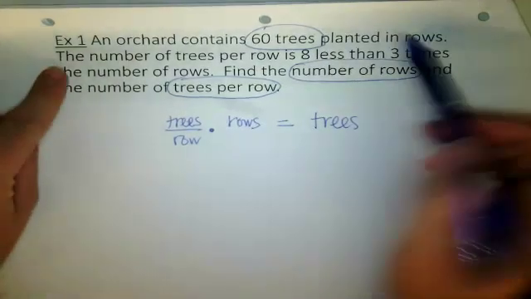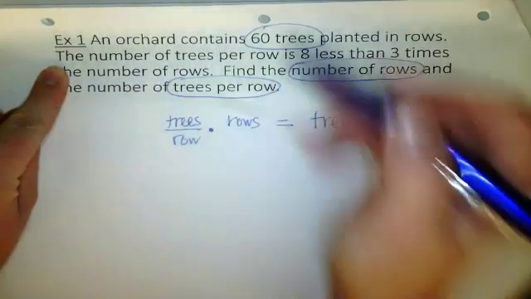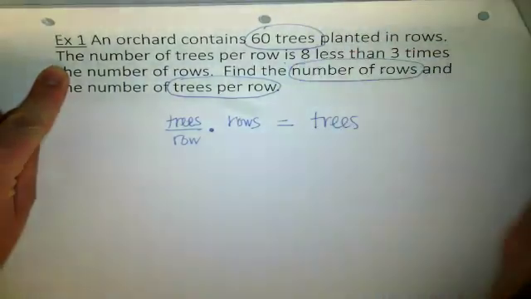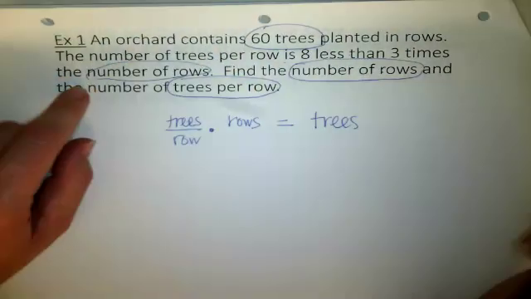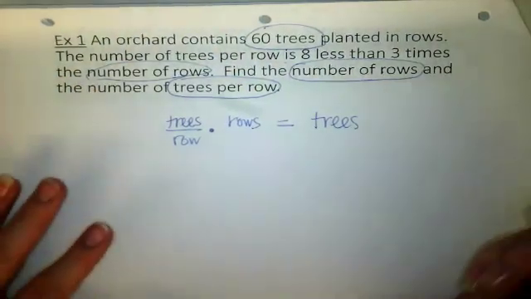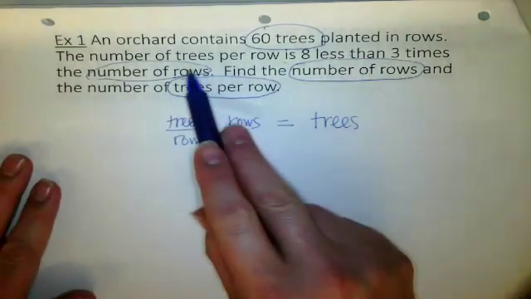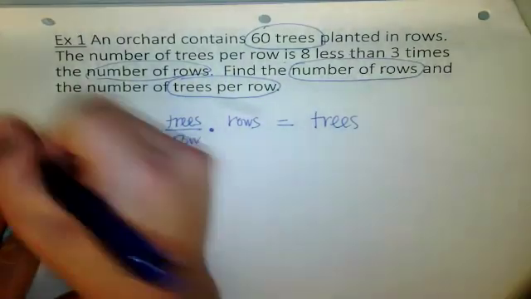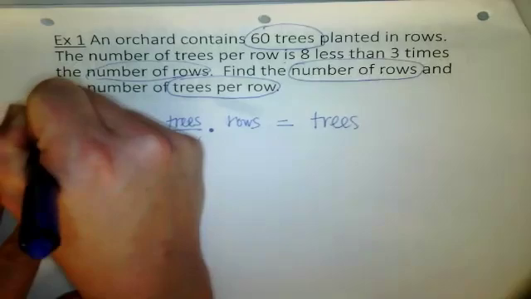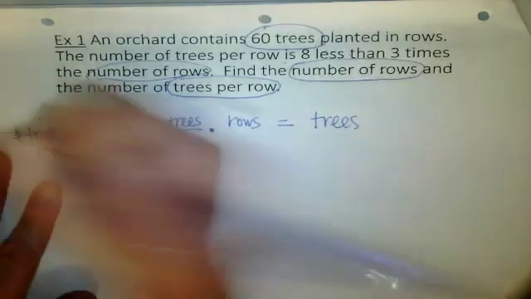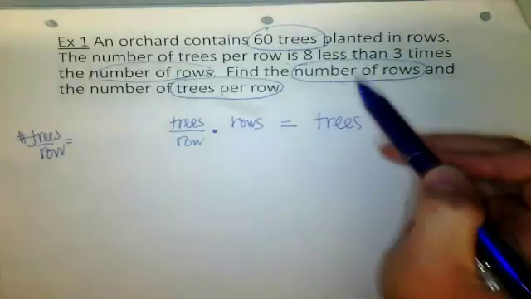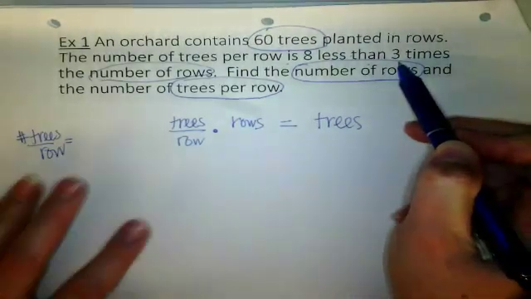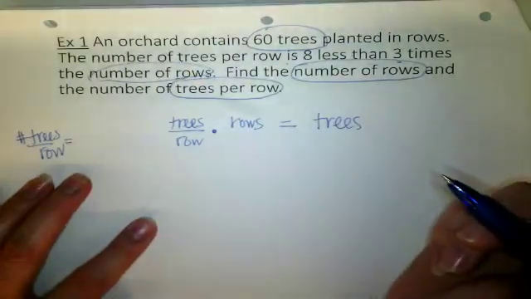So it says the number of trees per row is 8 less than 3 times the number of rows. Well, that's kind of a big old mathematical statement. It says the number of trees per row equals 8 less than 3 times the number of rows.